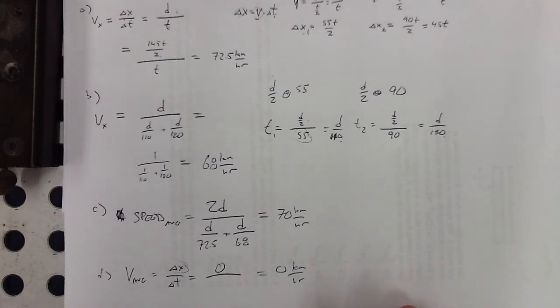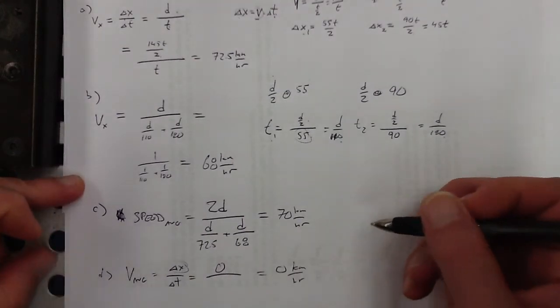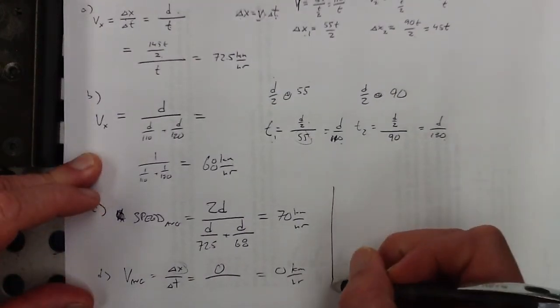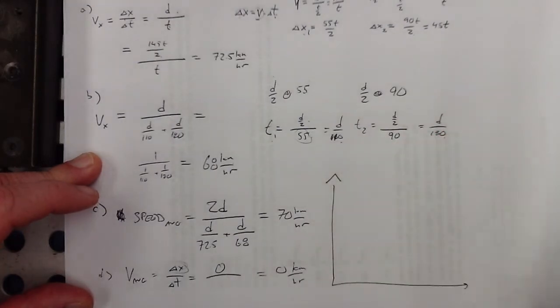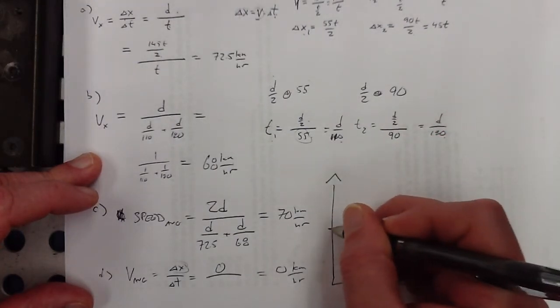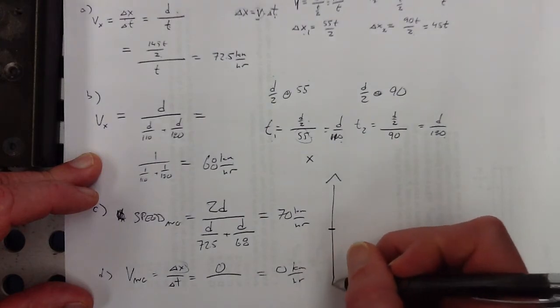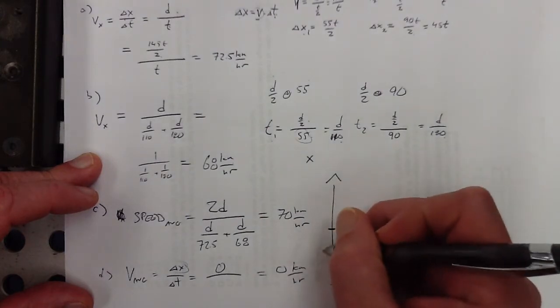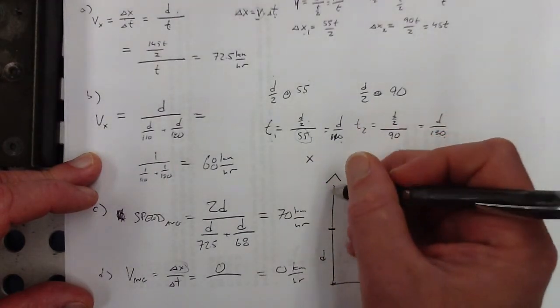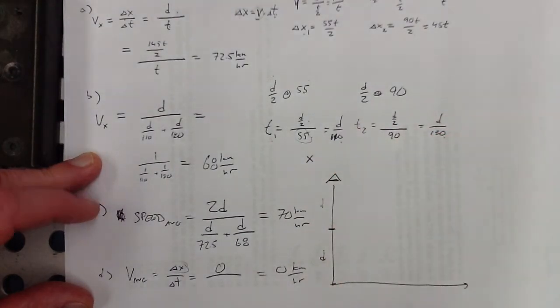And sketch x versus t, assuming the motion is all in the positive x direction. That's kind of a weird thing to do. So let's make a rough sketch of that. If everything's in the positive x direction, then this is San Antonio, and this is the distance to Houston, and then this is that same distance back again.